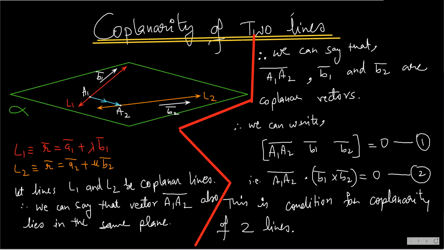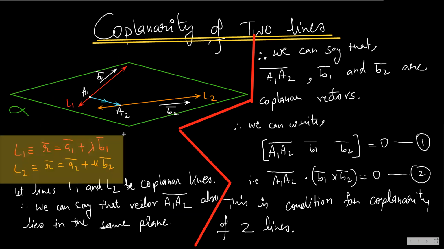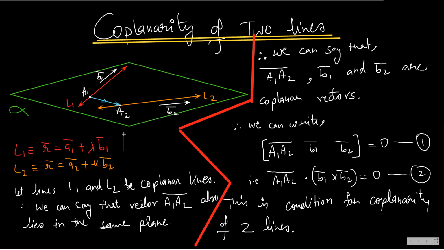So what I understand here is, suppose I'm given two lines, and I'm asked to check whether these two lines are coplanar, that is, whether they are lying in one plane.